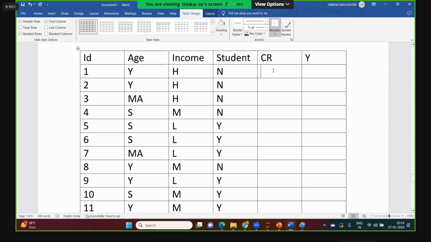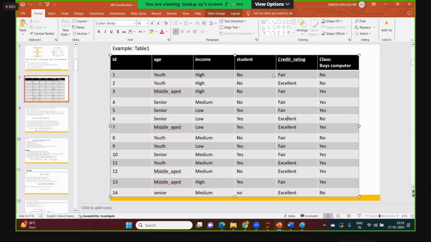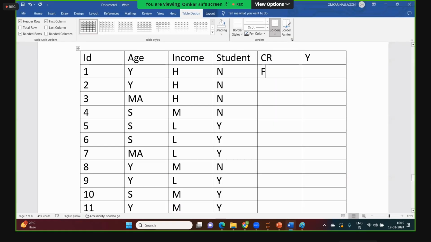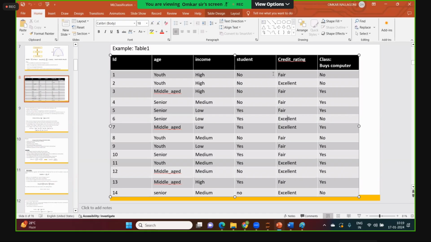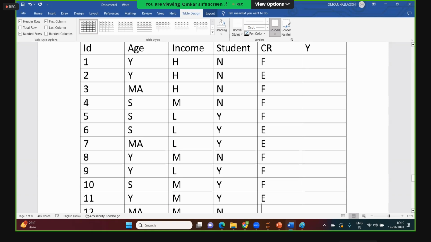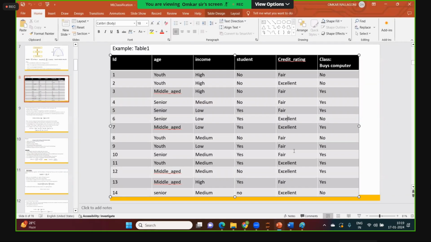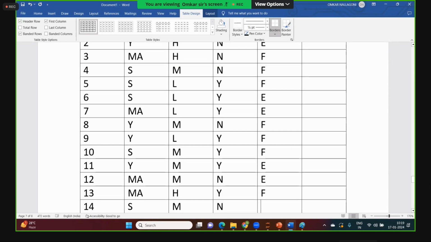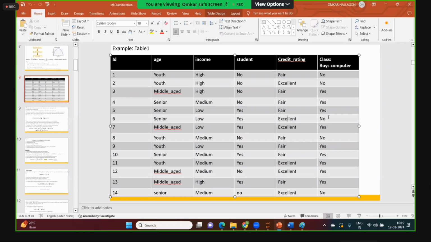Next, credit rating. Fair, excellent, 3 fairs and 2 excellent. And 3 fair, 2 excellent, and 13 is fair, and 14 is excellent.